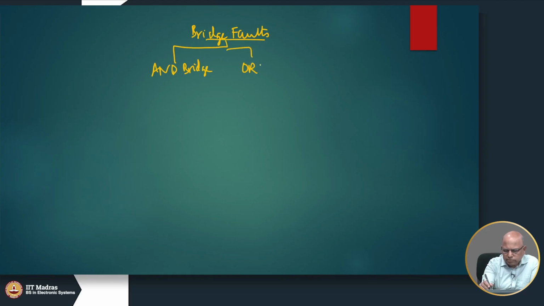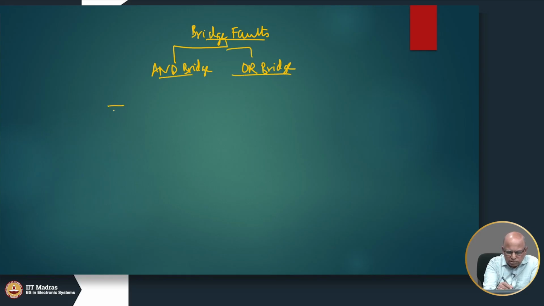So, there are two kinds of bridging that are allowed. One is called an AND bridge and the other is an OR bridge. Okay.